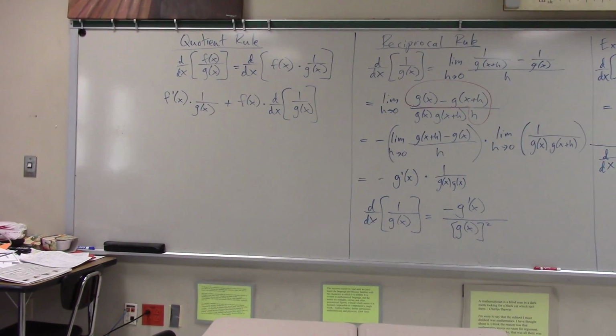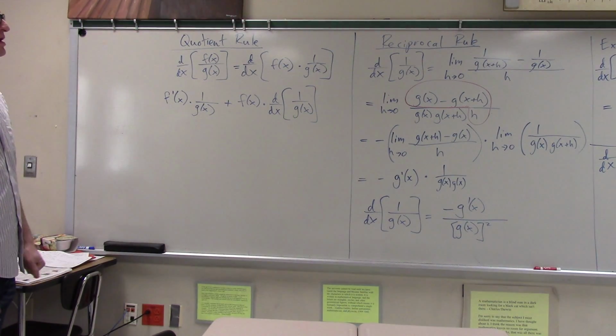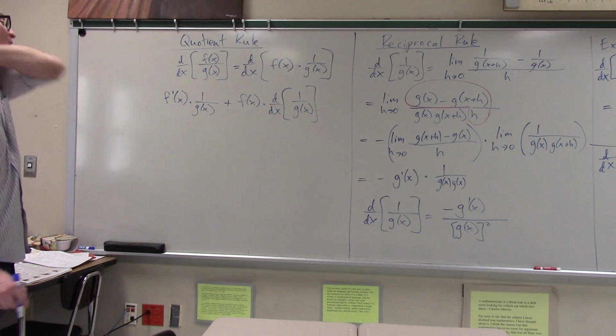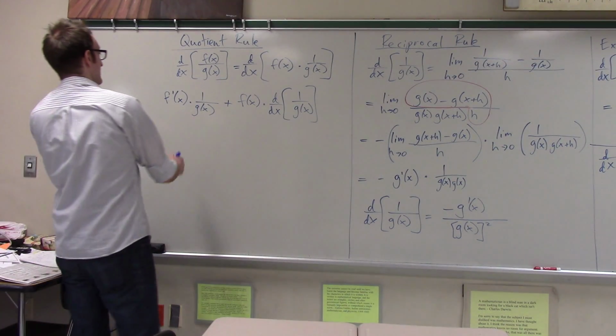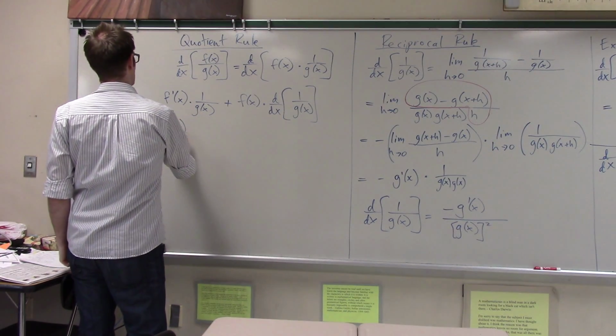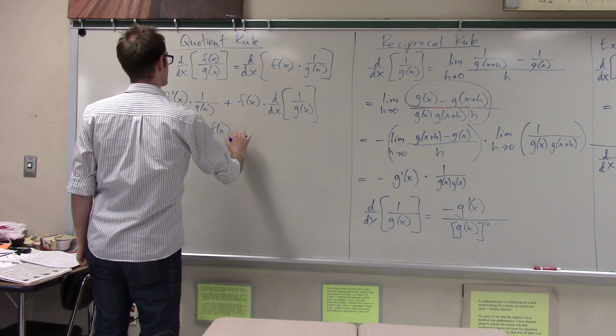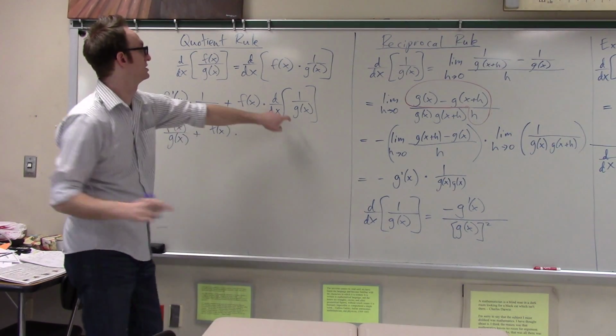And now that I have conveniently derived this reciprocal rule, I'm ready to finish my derivation of the quotient rule. So let's do it. What do I have here? I have f prime of x over g of x plus f of x times, and now I just know what this is, right?